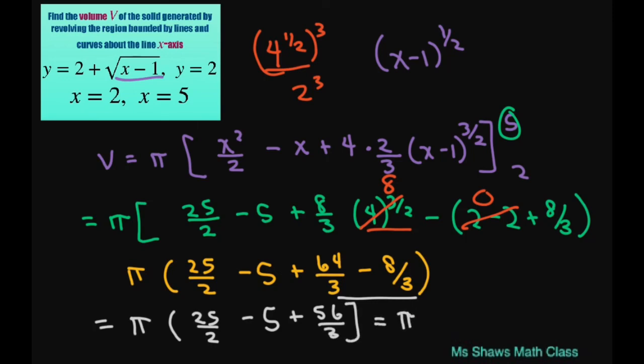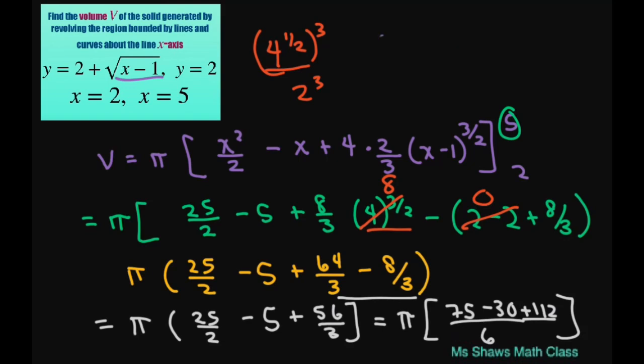The common denominator is 6, so that's going to give you 75 minus 30 plus 112. So all of this equals the volume, which is going to be 157 divided by 6 pi cubic units.